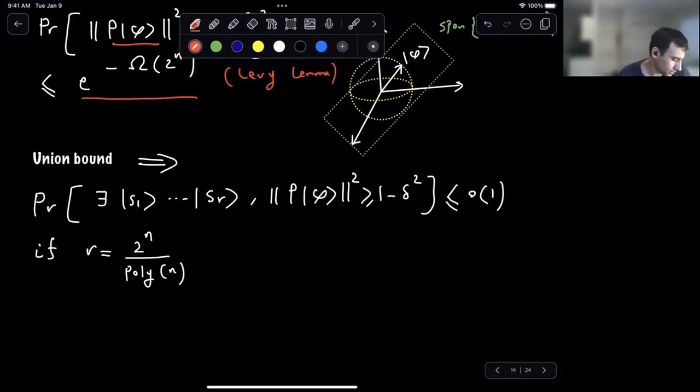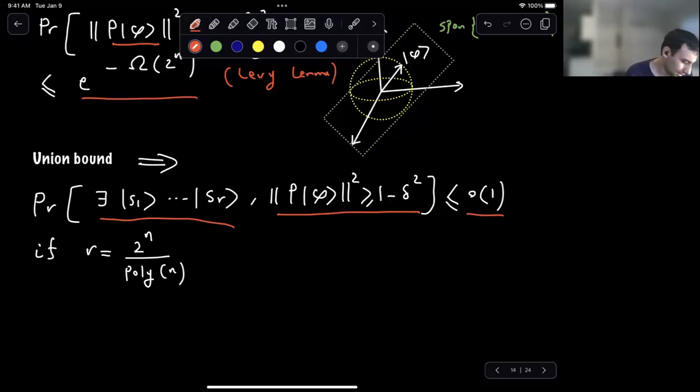And then if you use a very naive union bound, you can show that the probability that there exist some S1 to SR such that this norm is large goes to 0. So this means that you cannot choose R elements such that the component of your state phi that is inside the span has large norm.